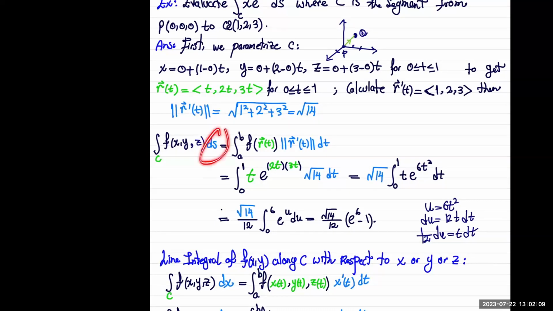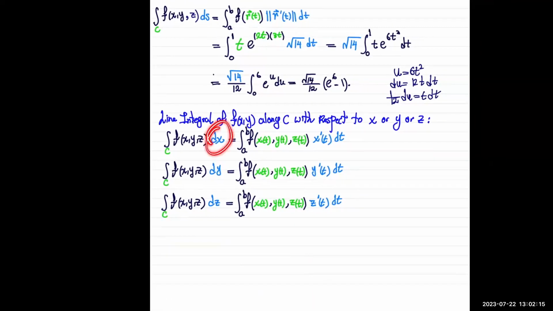Meaning that instead of having a ds, we could have a dx. That would be the line integral of f along c with respect to x, or y, or z. Since the line integral is done over c, you're going to replace x, y, z with the equations for c: x of t, y of t, z of t.